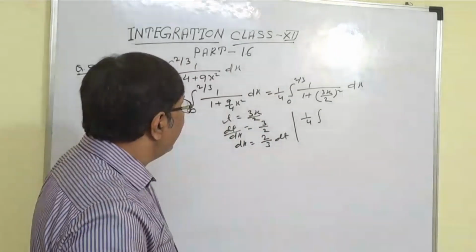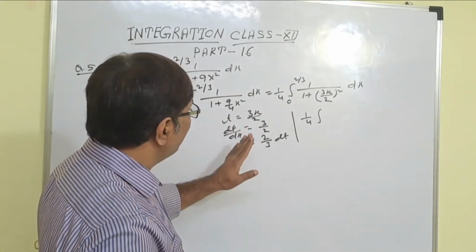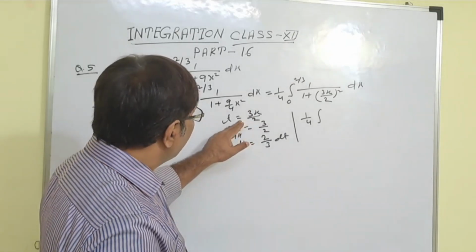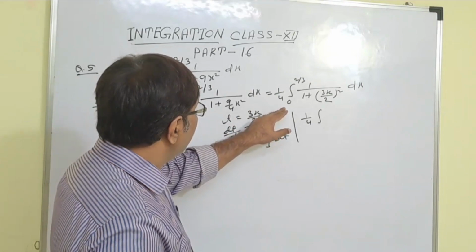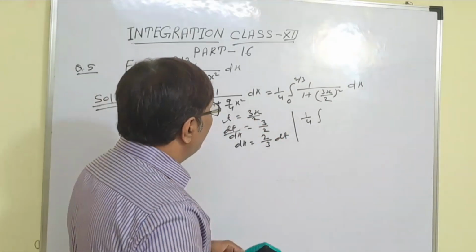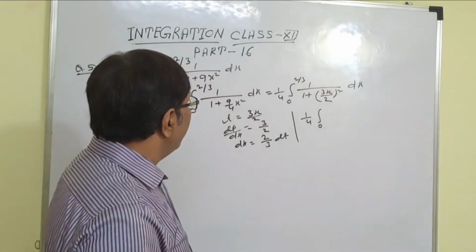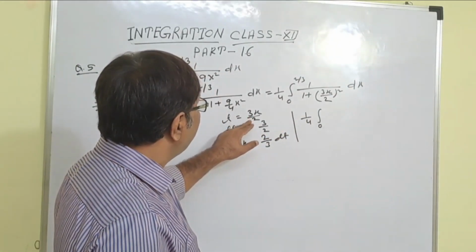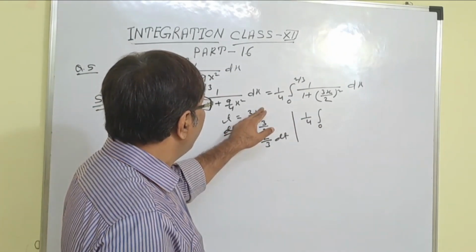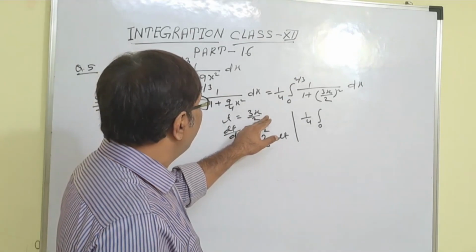Now here, when we put t equal to 3x by 2, for the lower limit when we put 0, we get 0. For the upper limit, which is 2 by 3, when we put 3 by 2 into 2 upon 3, we get only 1.